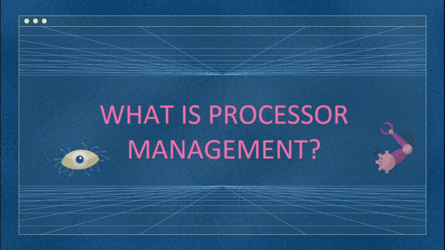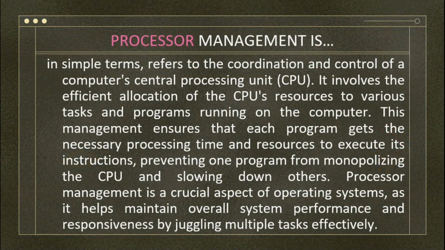What is processor management? In simple terms, it refers to the coordination and control of a computer's central processing unit (CPU). It involves the efficient allocation of the CPU's resources to various tasks and programs running on the computer.